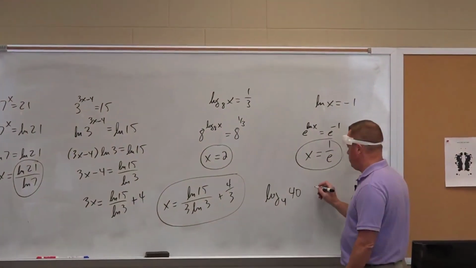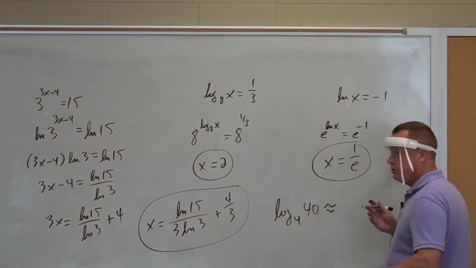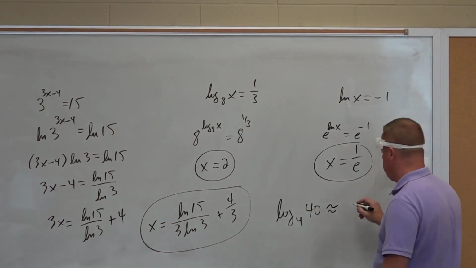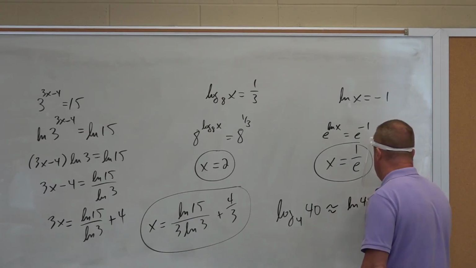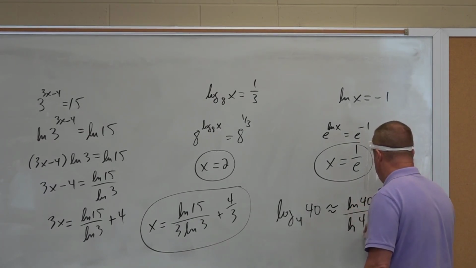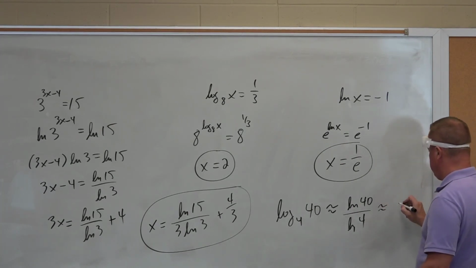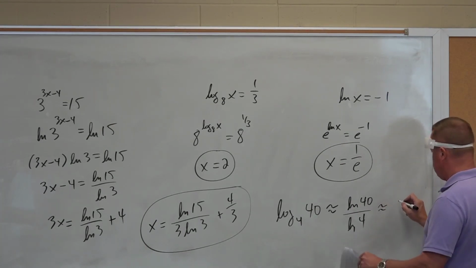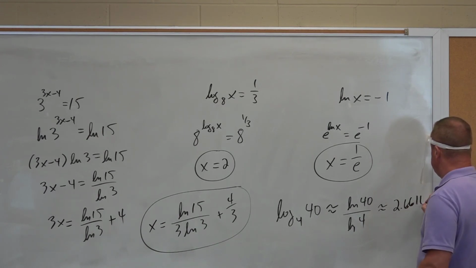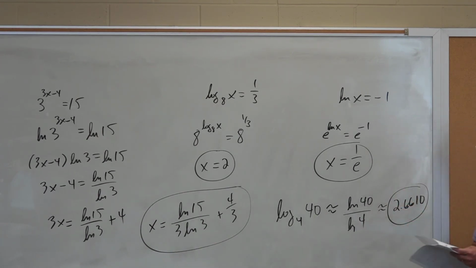Okay, well that's not going to be a rational number, all right? But we can just say ln of 40 divided by ln 4, and then put that in your calculator. You get 2.6610. Okay. All right, questions about that?